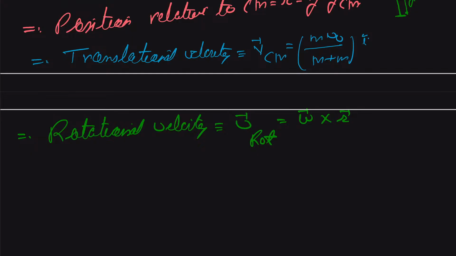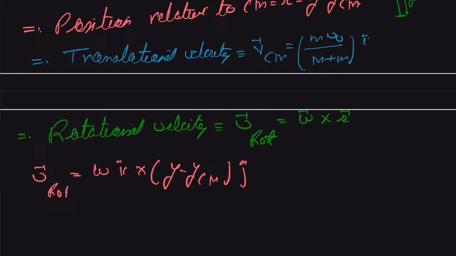So from here we get v rotational equal to omega in the k unit direction, crossed with y minus ycm in the j direction. So this is k cross j, which will be basically minus omega times y minus ycm in the i unit vector. So it will be opposite to the direction of our vcm. That is the only purpose of this negative sign.